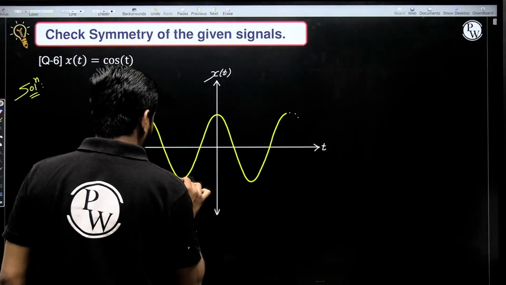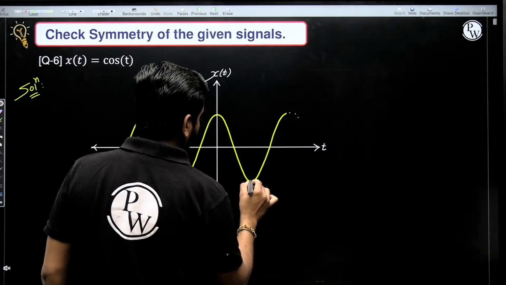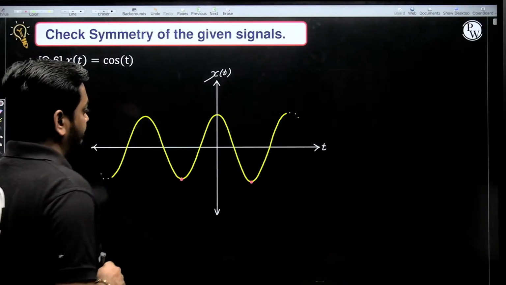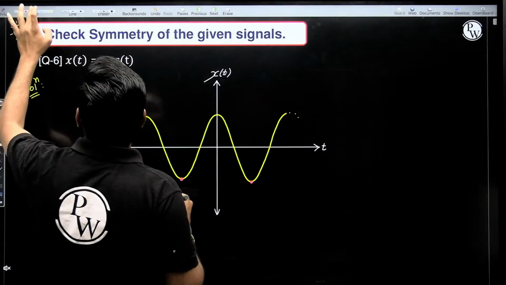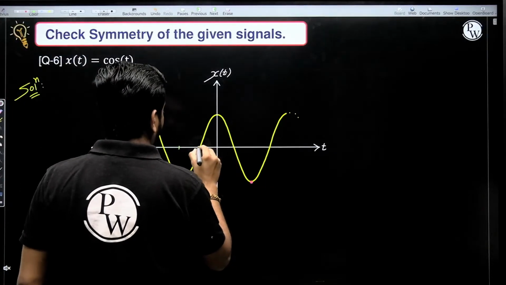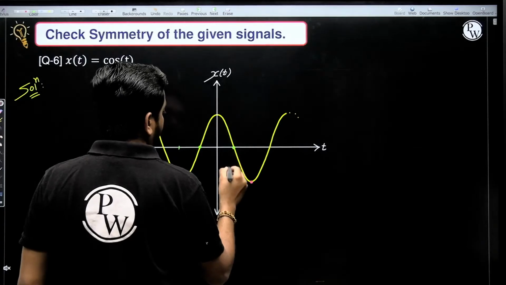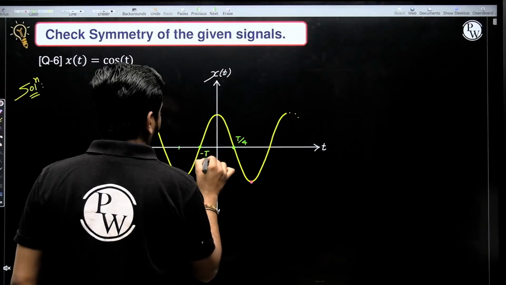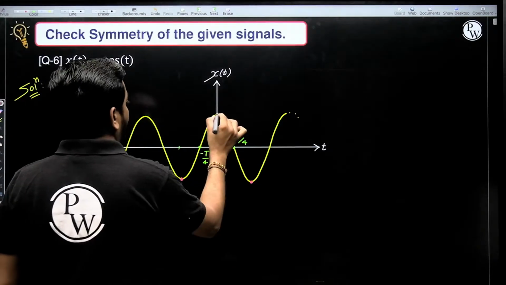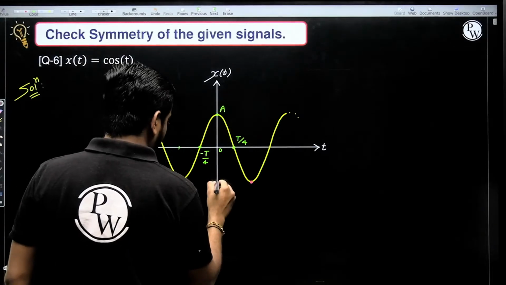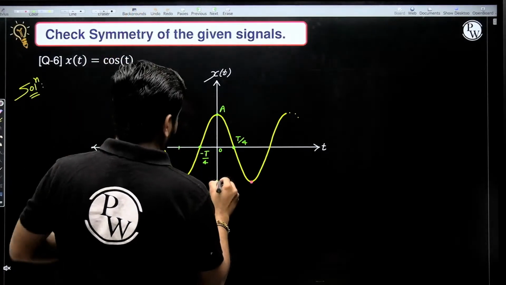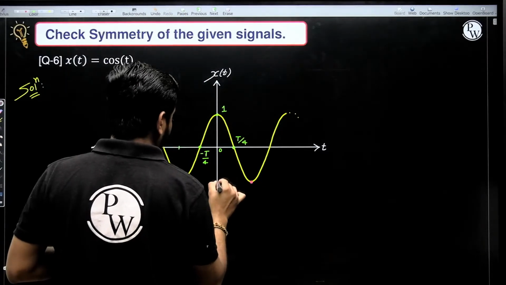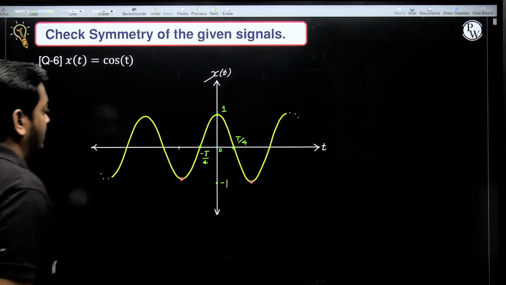This is the fundamental time period, one cycle. Let's consider the amplitude is A. Here the amplitude is 1, and here minus 1. So this is the cos signal.